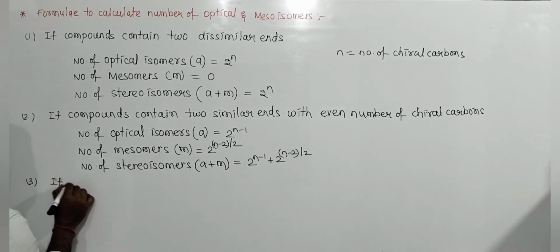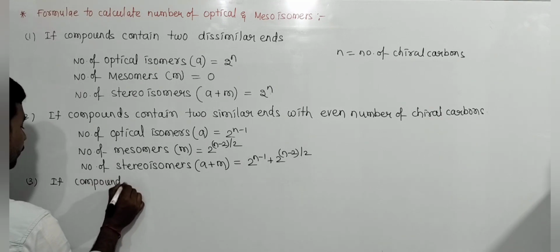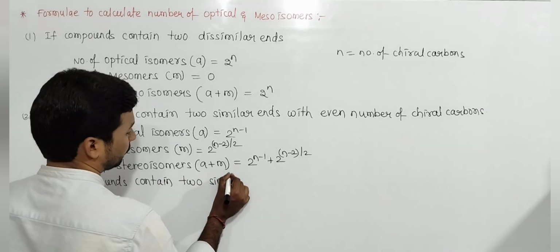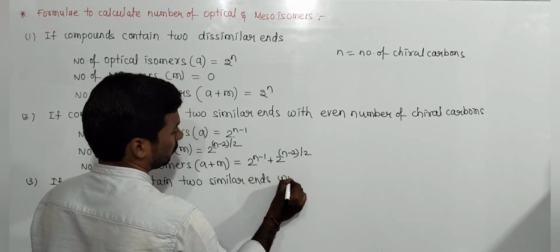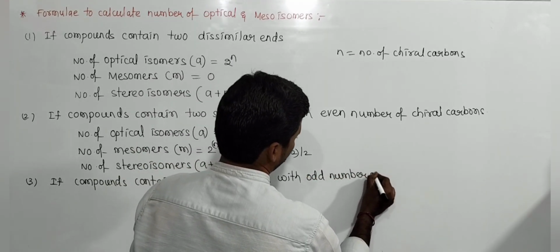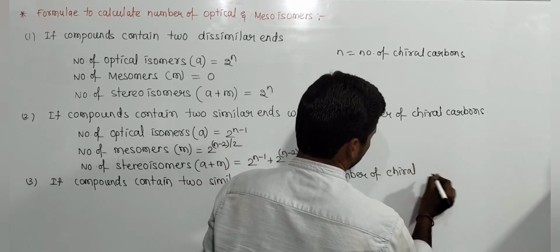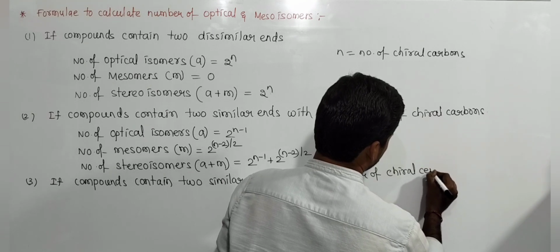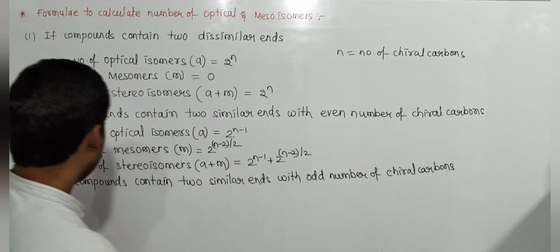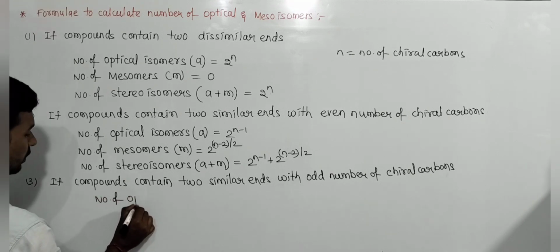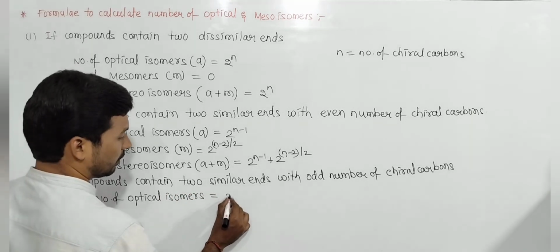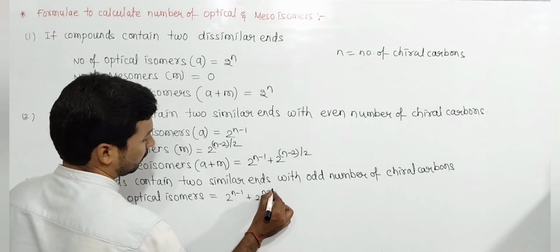Thirdly, if a compound contains two similar ends with an odd number of chiral centers or chiral carbons, then the number of optical isomers is equal to the formula 2 power n minus 1 plus 2 power n minus 1 by 2.